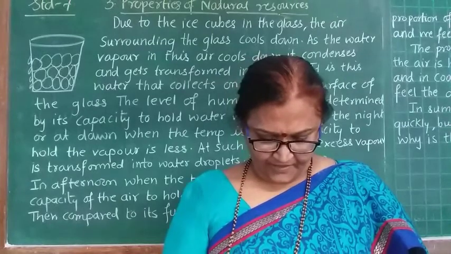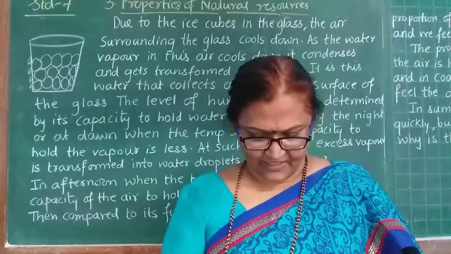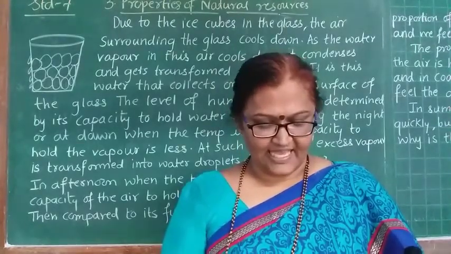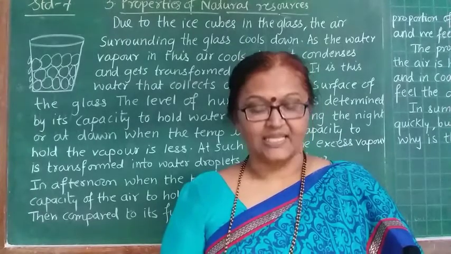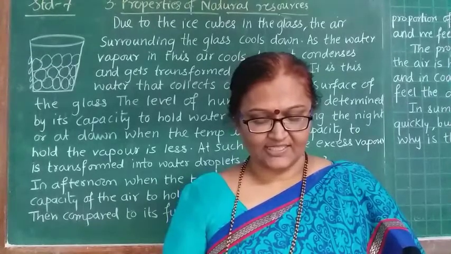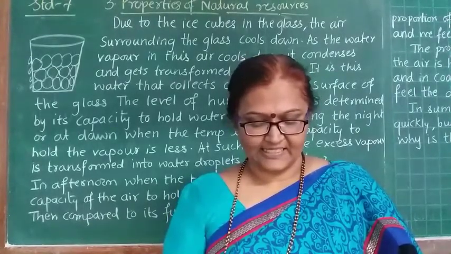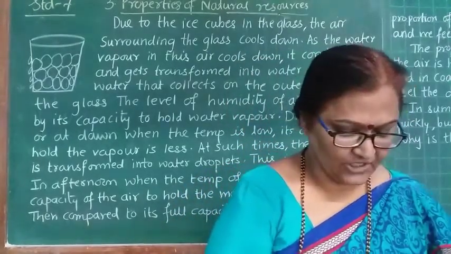Then see, the proportion of water vapor in the air is high during the monsoon and in coastal areas. As a result, we feel dampness or humidity. In summer, wet clothes dry quickly, but in rain, they do not. Why is this so? This is the point that we are going to study today.